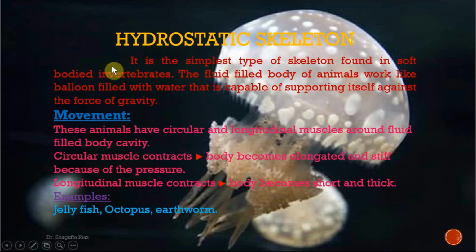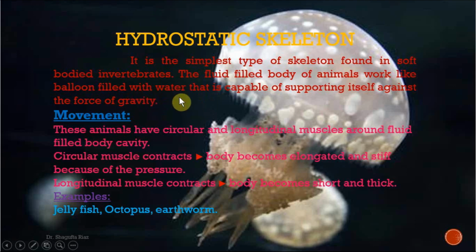First, we will discuss the hydrostatic skeleton in detail. It is the simplest type of skeleton found in soft-bodied invertebrates. The fluid-filled body of animals works like a balloon filled with water. If you fill a balloon with water, see how it looks and how rigid it is. Similarly, the bodies of these invertebrates are just like a water-filled balloon.